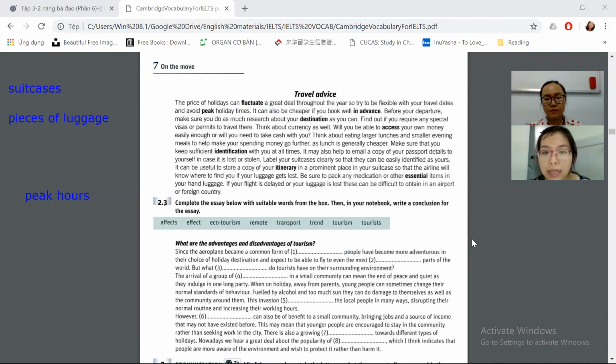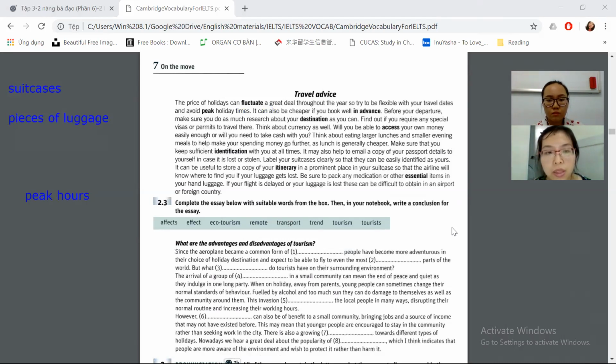Think about eating larger lunches and smaller evening meals to make your spending money go further, as lunch is generally cheaper. Make sure that you keep sufficient identification with you at all times. It may also help to email a copy of your passport details to yourself in case it is lost or stolen. Label your suitcase clearly so that it can be easily identified as yours.